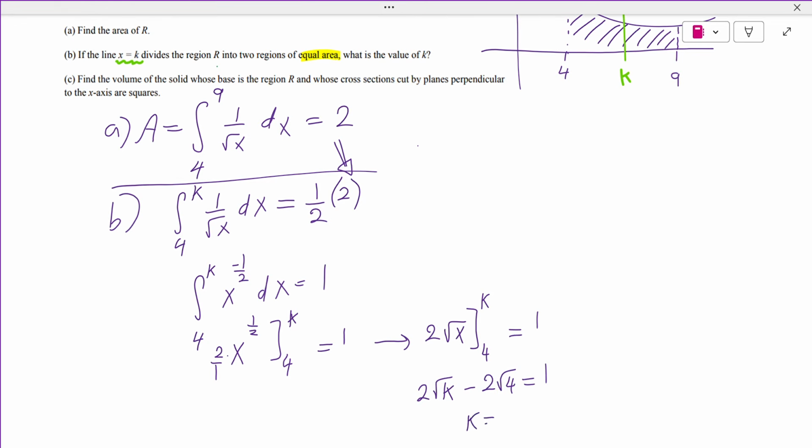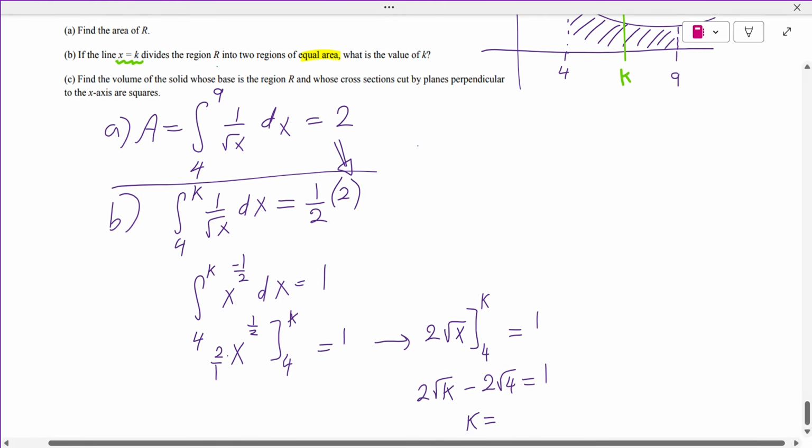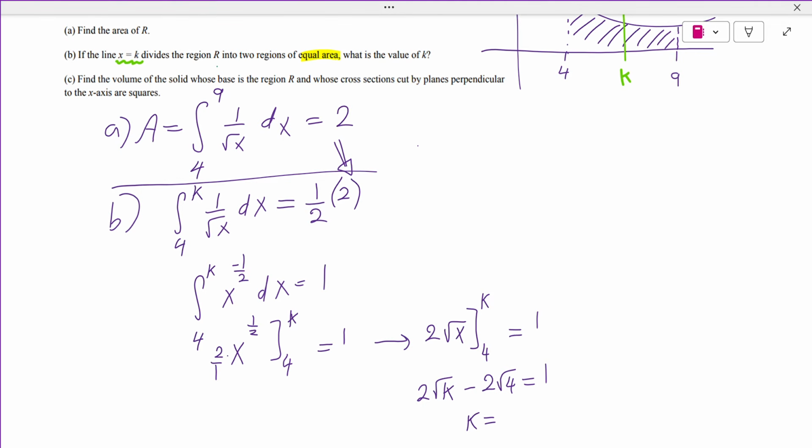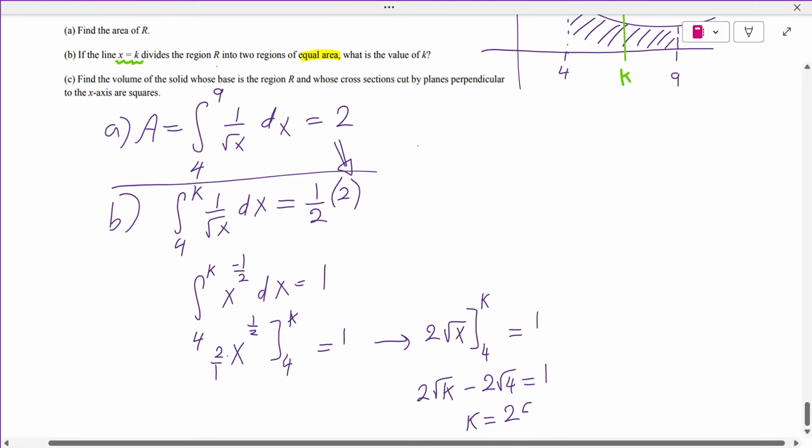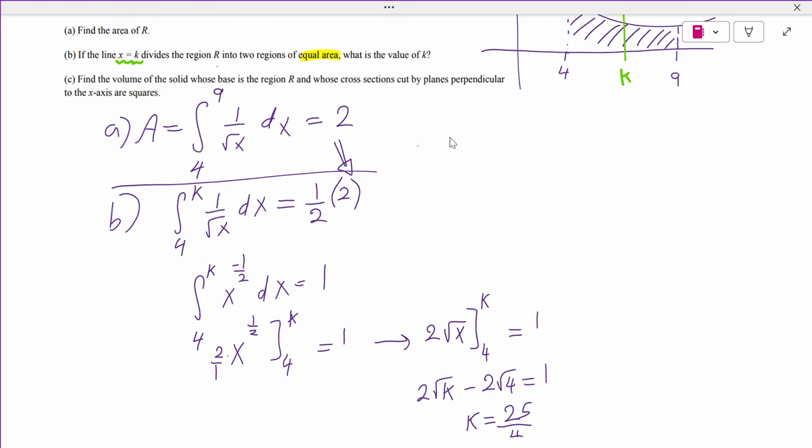Solve this one, you get K equals 25 over 4.